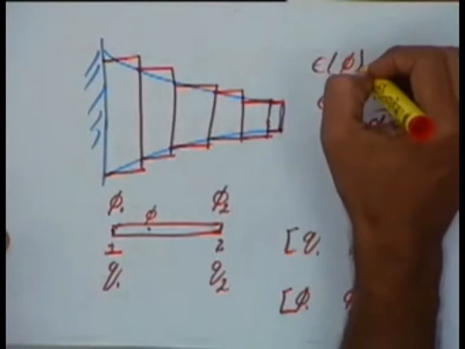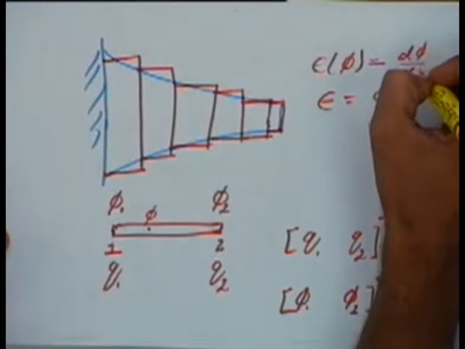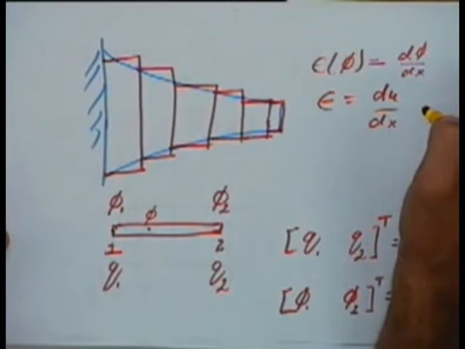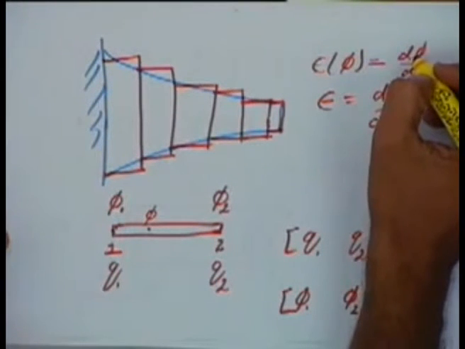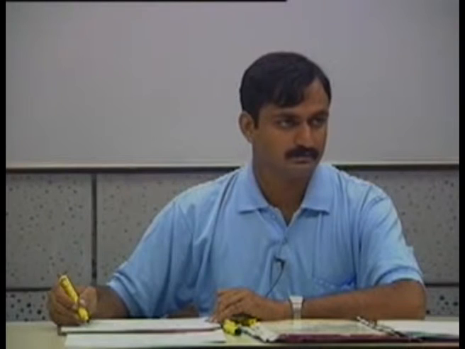The strains caused due to the virtual displacement are d phi by dx. So when I give it a virtual displacement, the effort involved will be doing some work against the internal stresses. The internal stresses are actually the stresses caused by the loading.